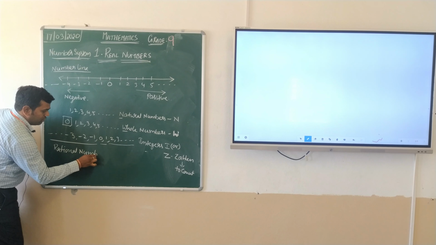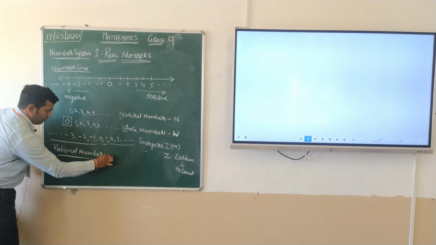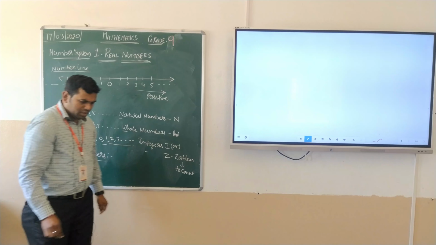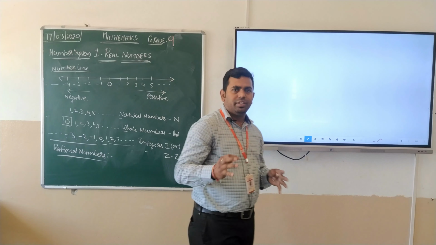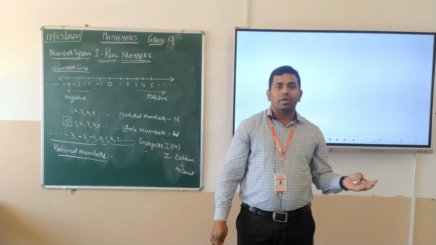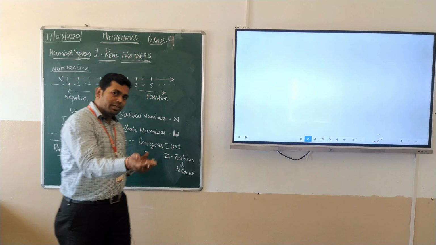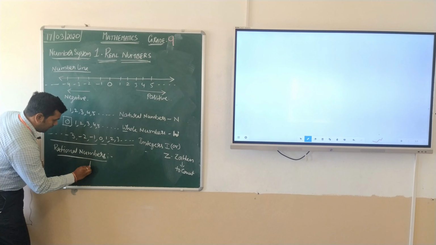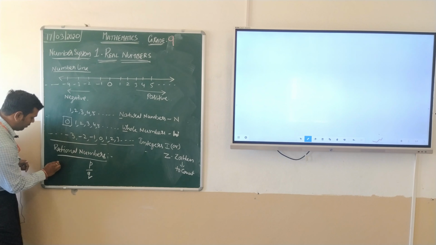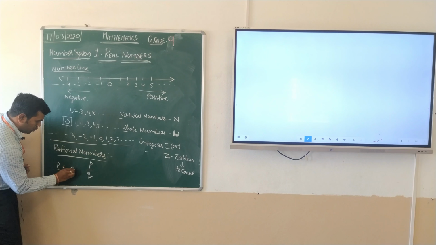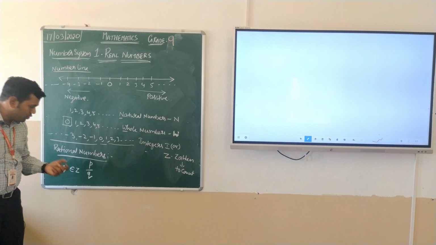What are these rational numbers? Maybe you learned this, basically these numbers which are in the form of p by q or a by b. I can take any letters. For example, if I take p and q, where p and q are integers, they belong to the set of integers.